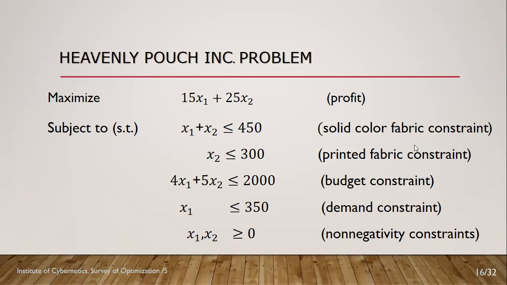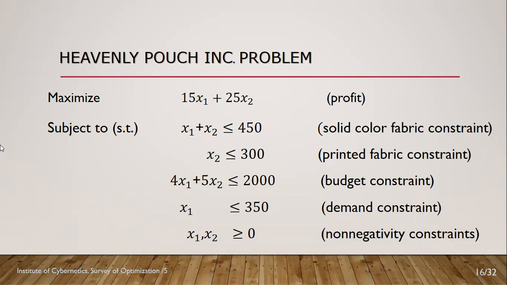The resources we use to manufacture these products are the solid color fabric and the print fabric that is used for the reversible carrier. Then we also have the manufacturing budget constraint, no more than $2,000, since we have a limited amount of money to spend on manufacturing costs.